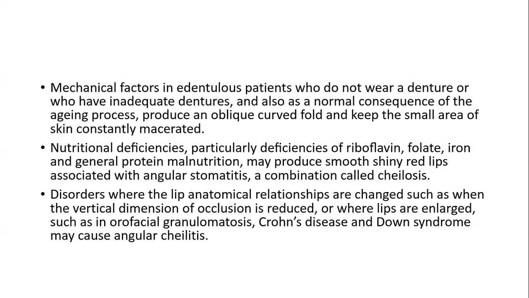The disorders where lip anatomical relationships are changed, such as when vertical dimension or occlusion is reduced, or where lips are enlarged, such as orofacial granulomatosis, Crohn's disease, or Down syndrome, may also result in angular cheilitis. So, any condition in which lips are swollen may also cause this condition.